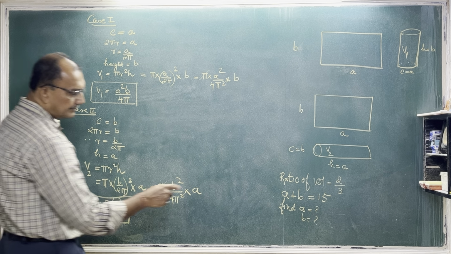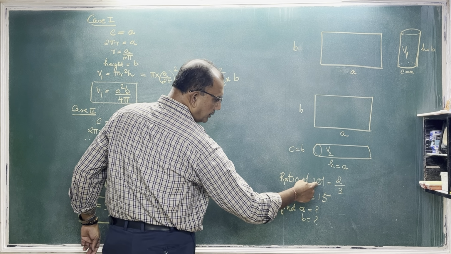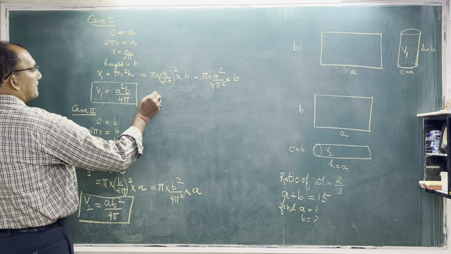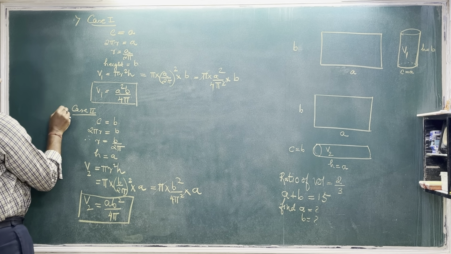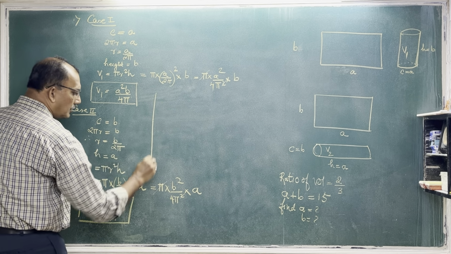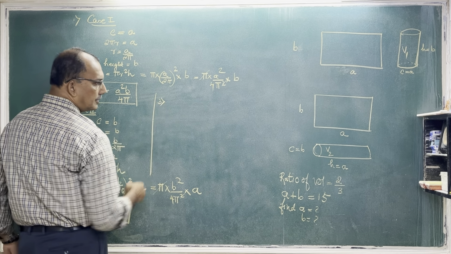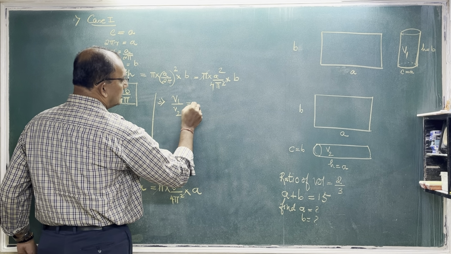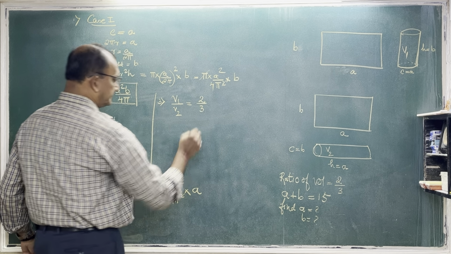But now children, they have told the ratio of the volumes is 2 upon 3. So this is my part 1, this is part 2. Now I am solving part 3. So V1 upon V2 is equal to 2 upon 3.